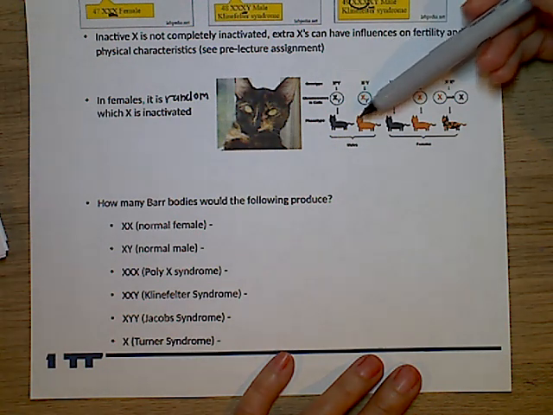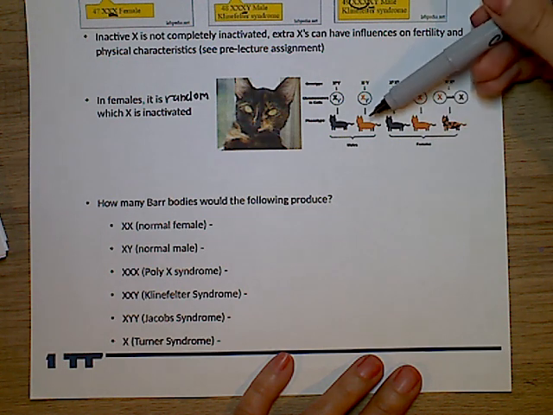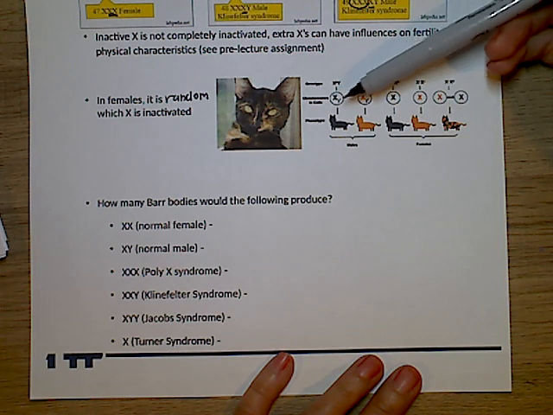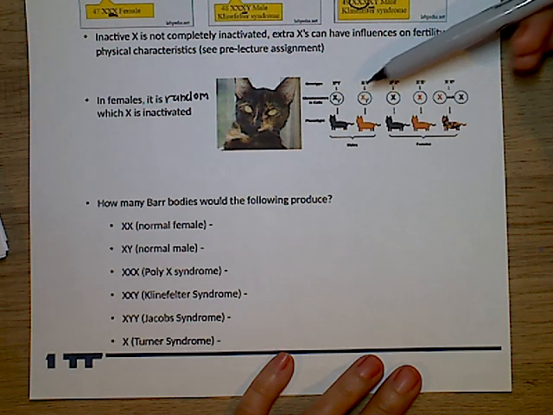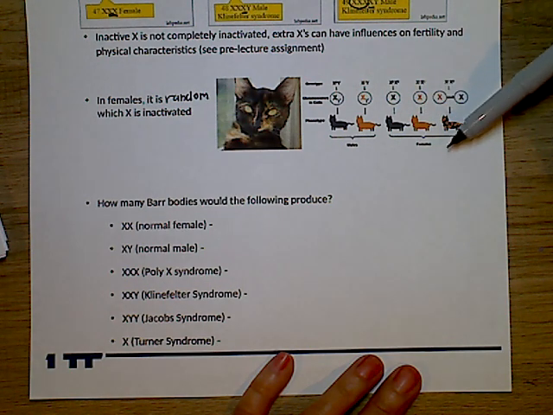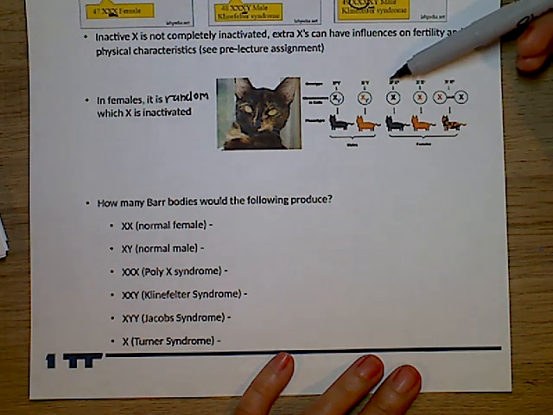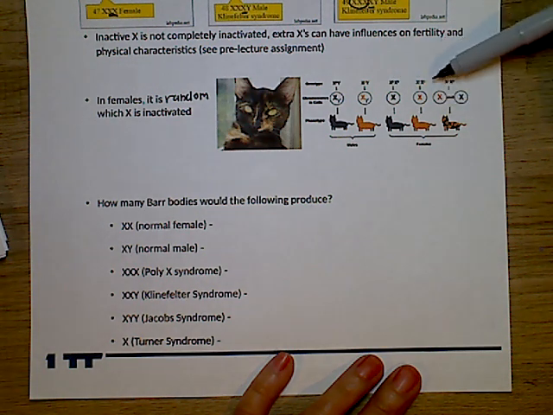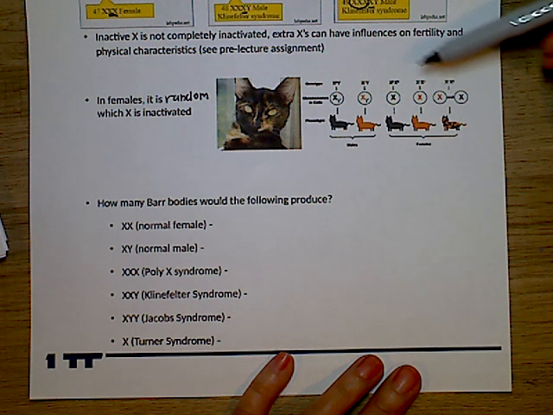So in males, and I don't want to say it's impossible, but I've heard it's very rare to have a male tortoiseshell calico cat because they only have one X chromosome. So it's either going to be coding for black fur or coding for the tan colored fur. Whereas in females, you have 2 X's, and it's random in which cell, which one gets turned into the bar body.